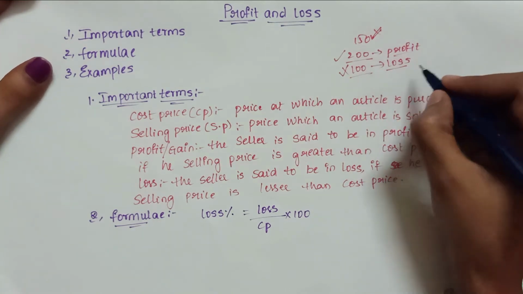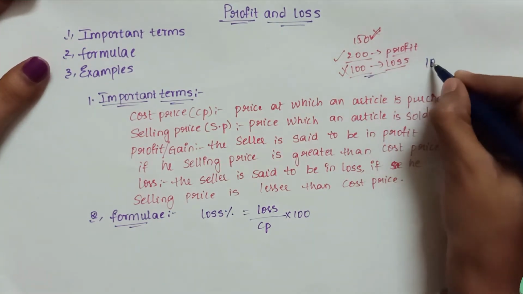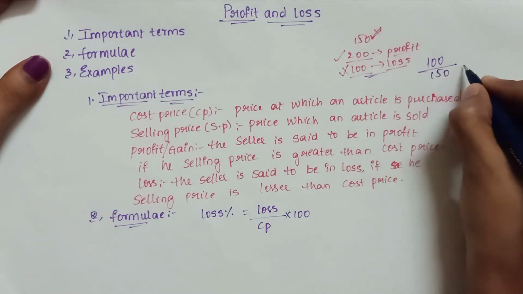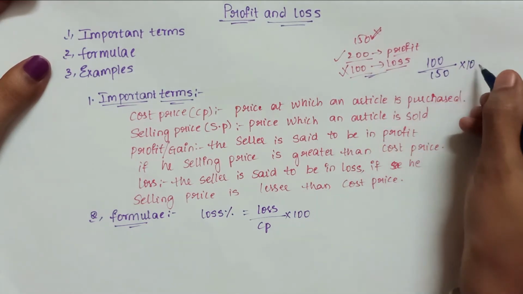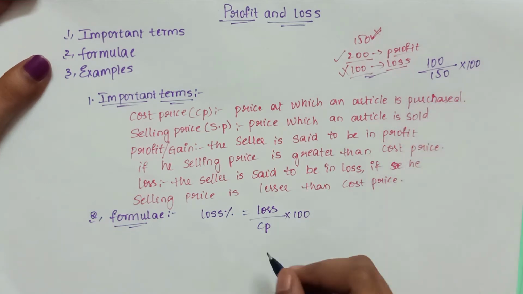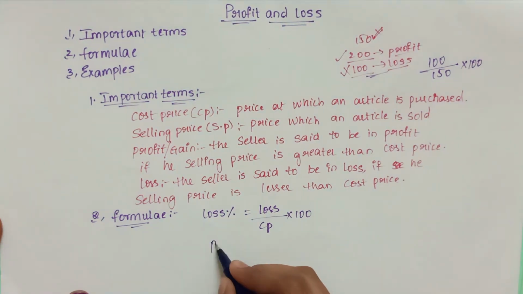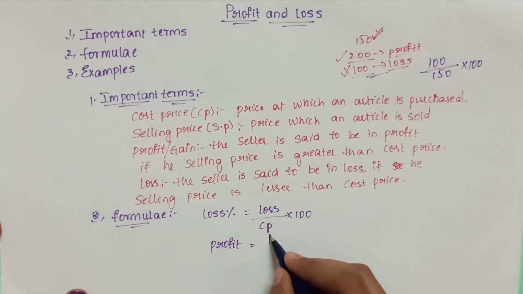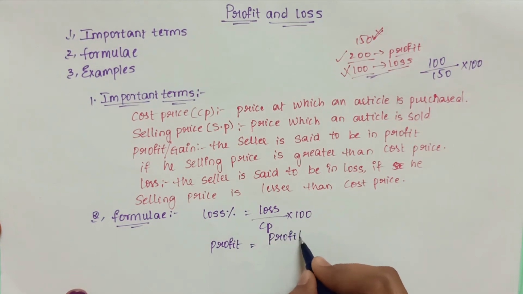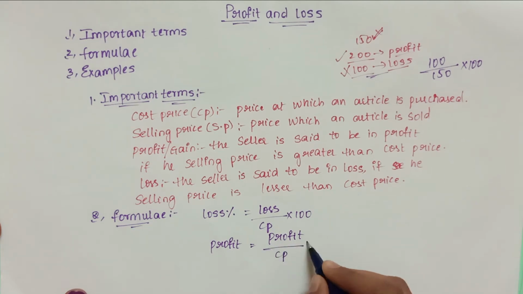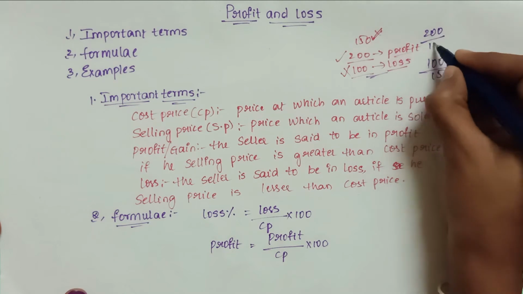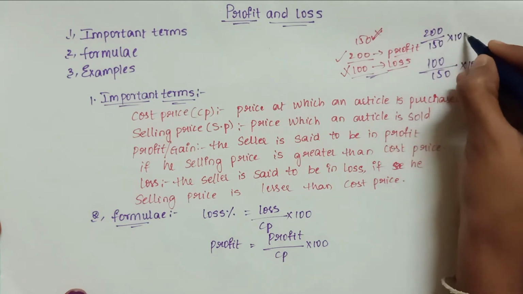Here, 100 is loss, 100 by cost price, 150, into 100. This is the way to find the loss. And profit, same: profit by cost price into 100. Here 200 by 150 into 100.